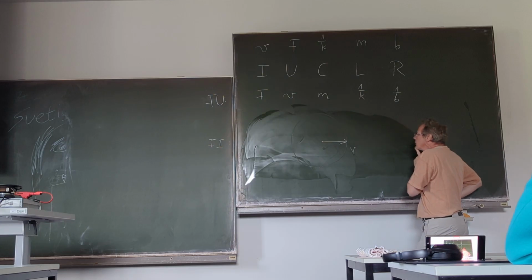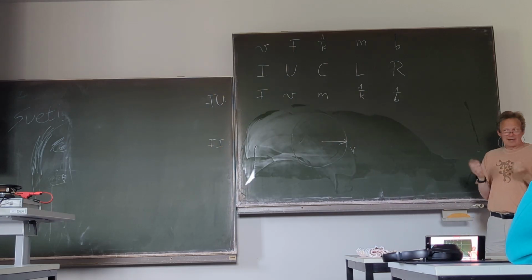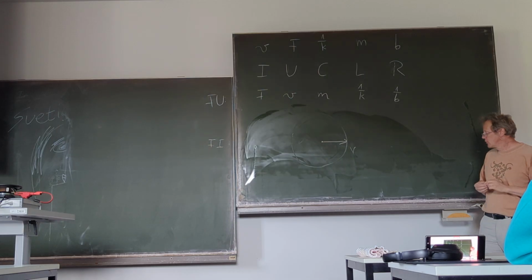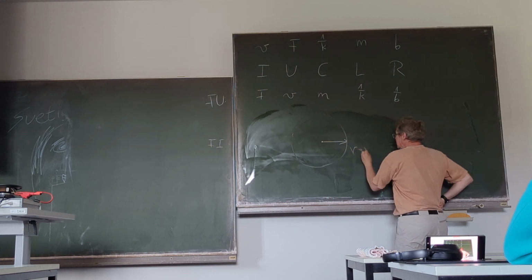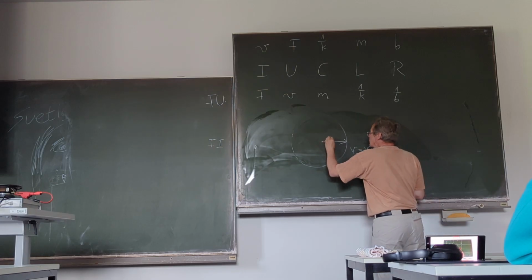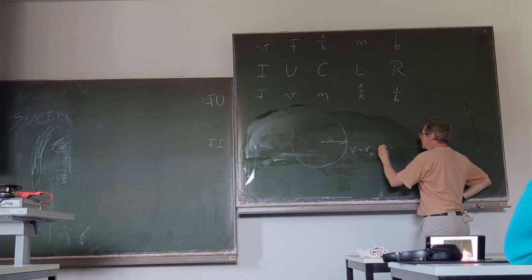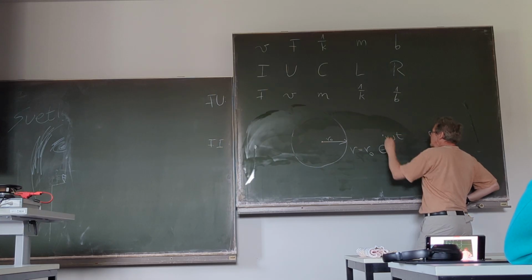We could say the horizontal direction is a real direction, the vertical direction is an imaginary direction, and then we could write this r as a radius r0 multiplied with e to the power of j omega t.